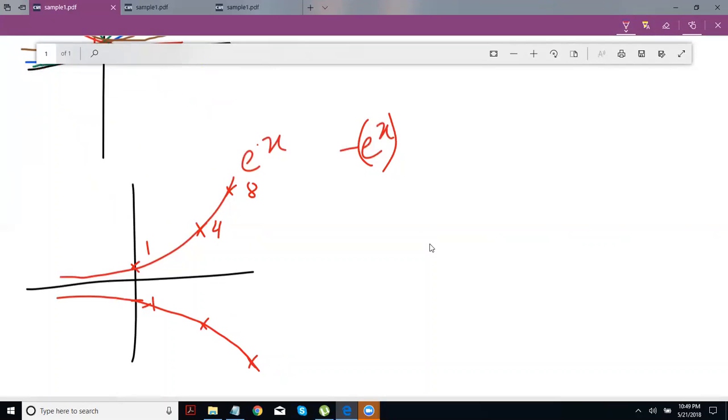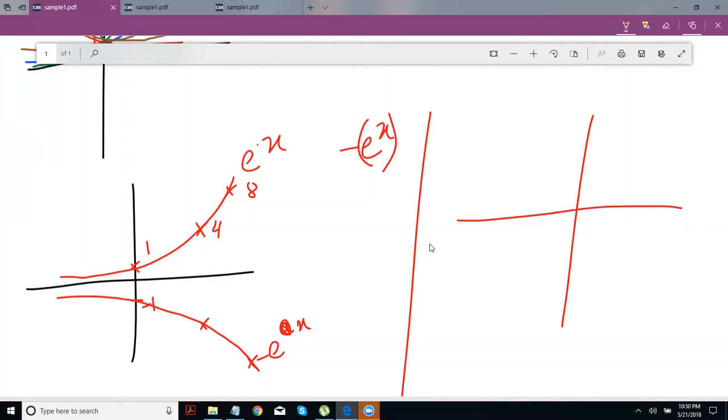This is minus e power x, right? And you can do this for e power minus x as well. If this was e power minus x, hence this would be minus e power minus x.